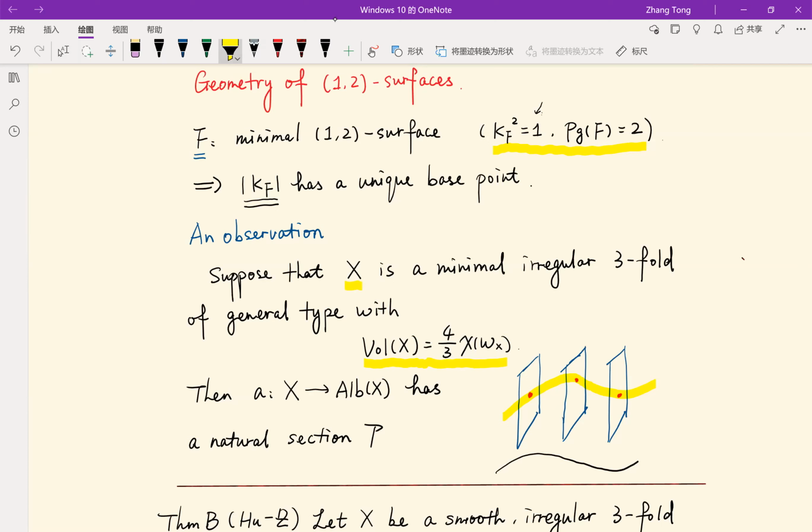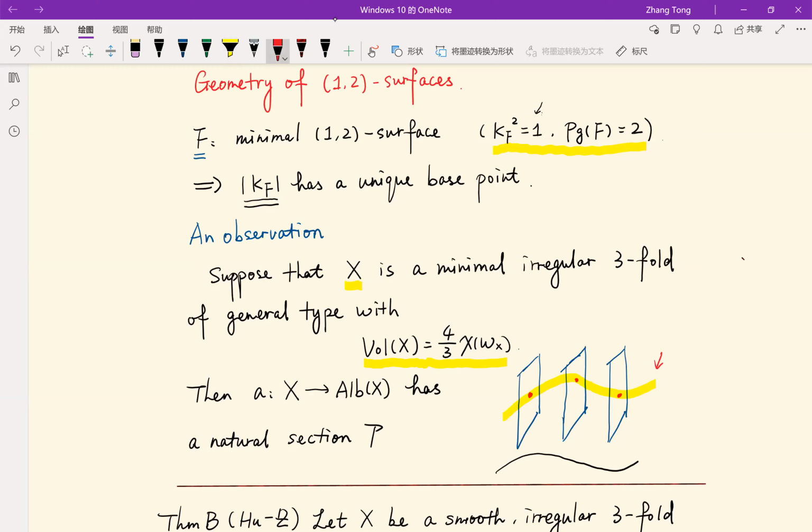Then by adjunction, every Albanese fiber is a minimal 1-2 surface, so on each fiber you have a base point. If you move this base point along this fibration, as in the picture I drew, you will get a natural section.